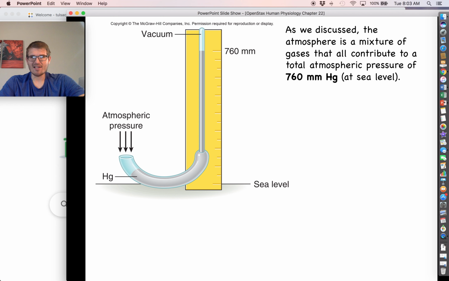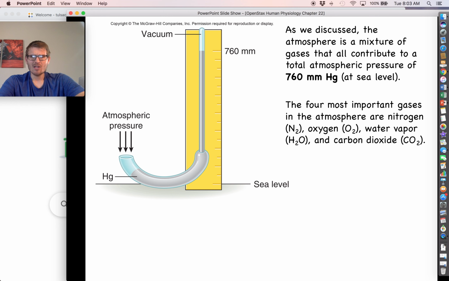Another thing that we've discussed is that the total atmospheric pressure, if you're at sea level, is approximately 760 millimeters mercury. Here in Oklahoma, it's probably more like 750 or 753 or something like that. So the four most important gases that make up the atmosphere, these are not the only four gases in the atmosphere, but they are the four most relevant to us.